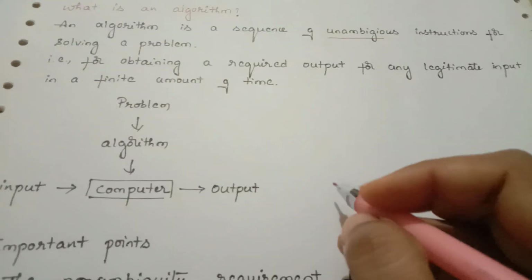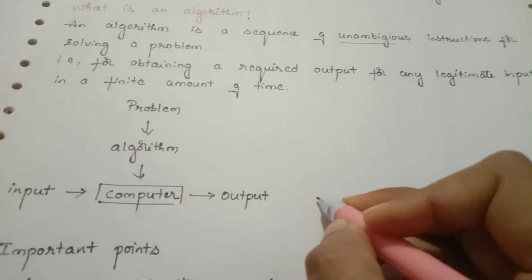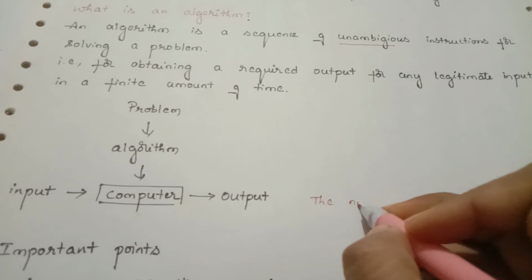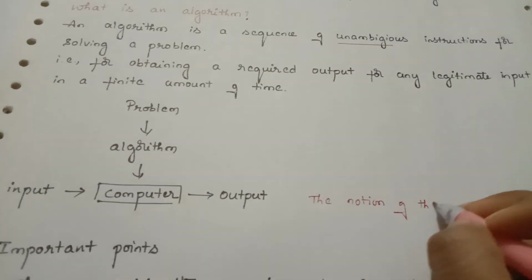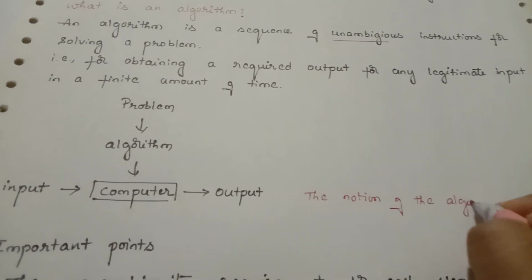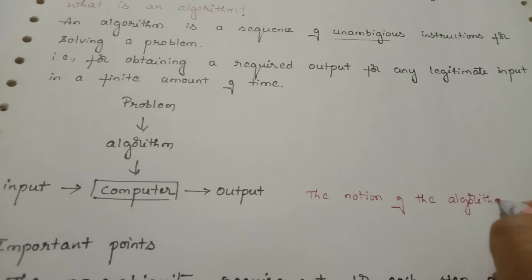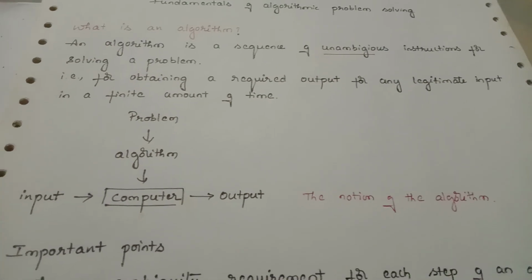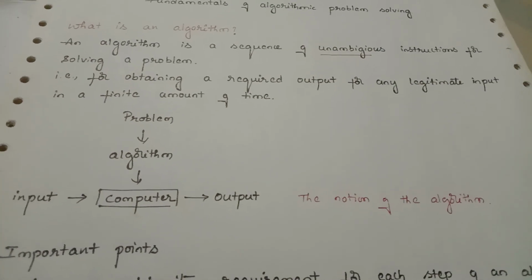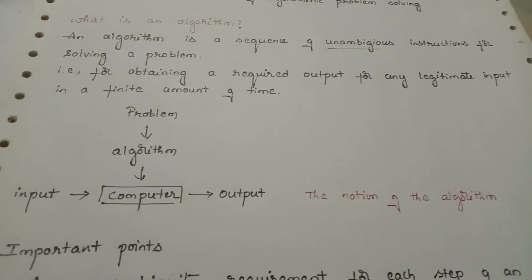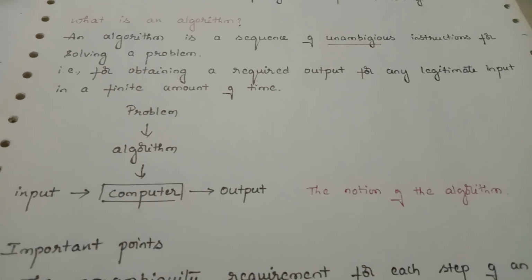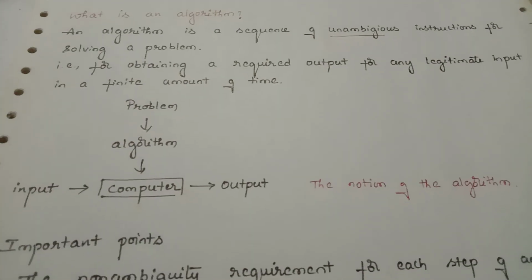This diagram is the notion of the algorithm. That is, for a given problem we have to write an algorithm, and that needs to be fed to the computer along with the input, so that it produces the output in a finite amount of time.